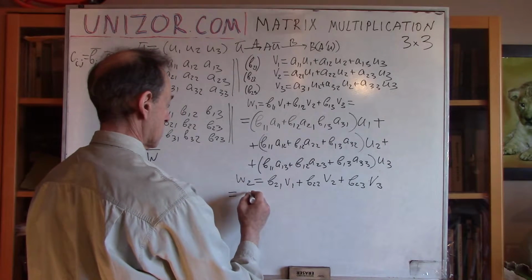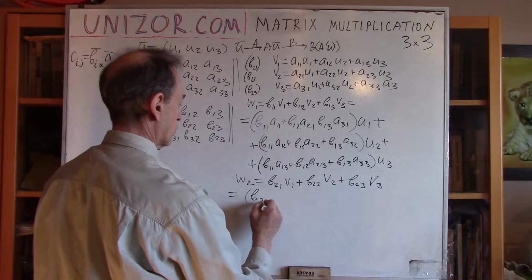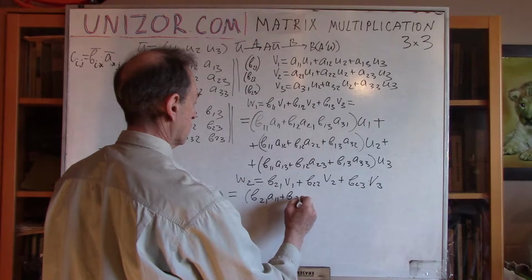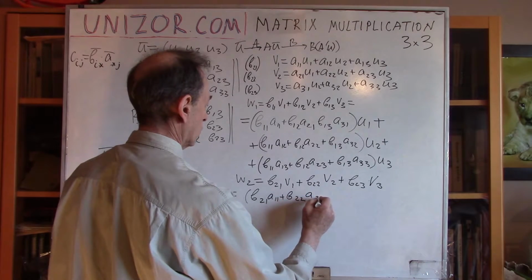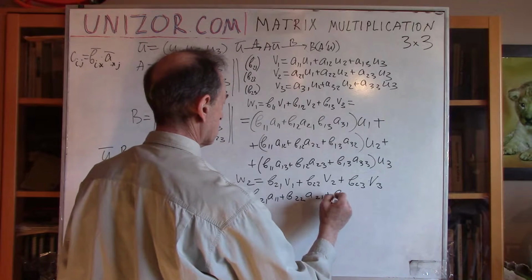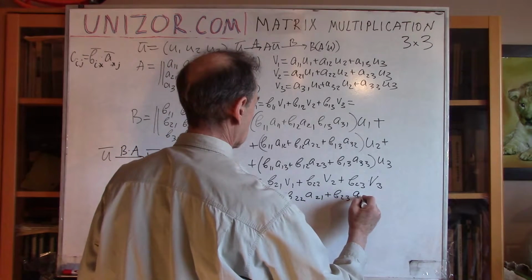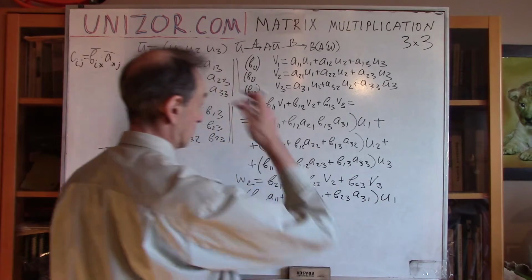So that would be the result. B21 A11 plus B22 A21 plus B23 A31 U1, right?